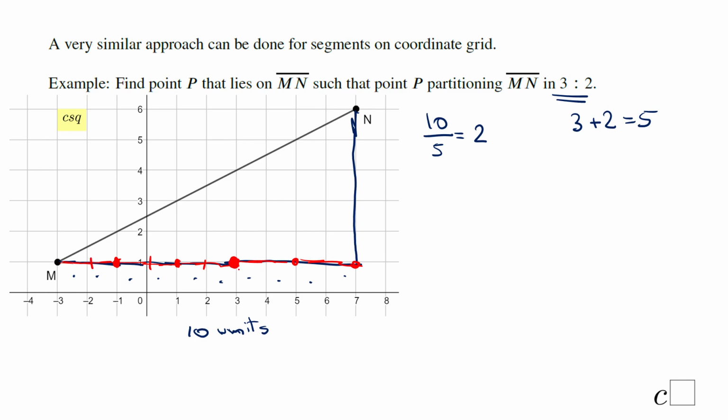This is the point we're looking for, and I'm going to go up here, and this is the point P. So a good way to get the point P is using this horizontal change from point M to point N. So P is located at (3, 4).